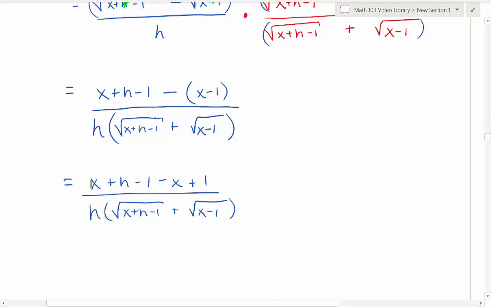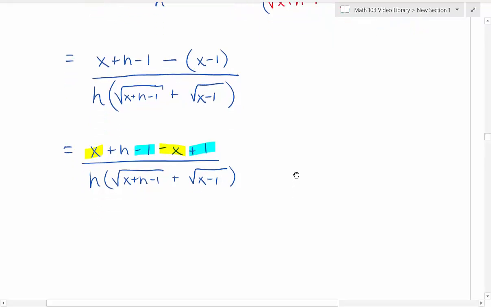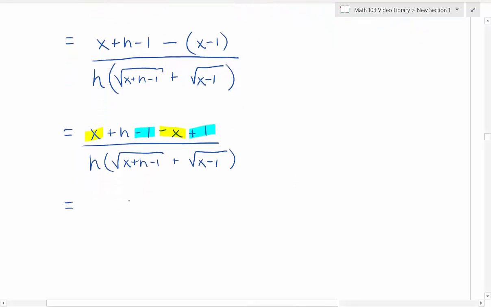Combining like terms in the numerator, I have x's that are like, but notice they fall out when I combine. Also, I have constants that are like. They also fall out when I combine like terms. This gives us h over h times the square root of x plus h minus 1 plus the square root of x minus 1.